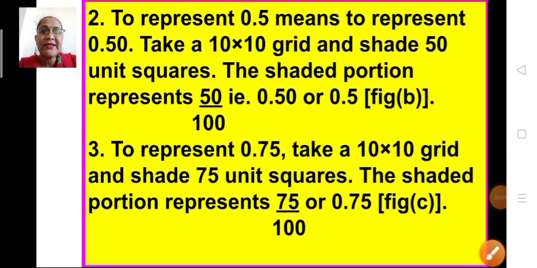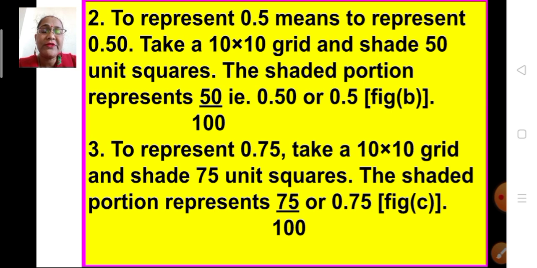Then you will write the second point: to represent 0.5, that means to represent 0.50, take a 10 by 10 grid and shade 50 unit squares. The shaded portion represents 50 upon 100, that is 0.50 or 0.5, and it is shown in figure B. Then you will write the third point: to represent 0.75, take a 10 by 10 grid and shade 75 unit squares.